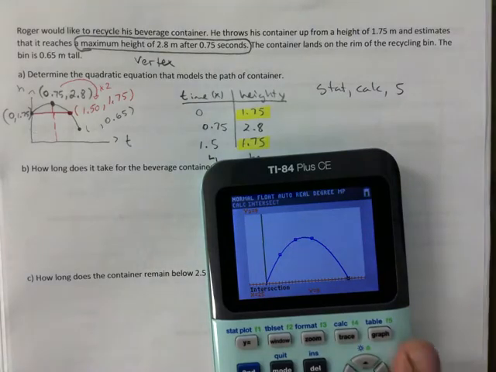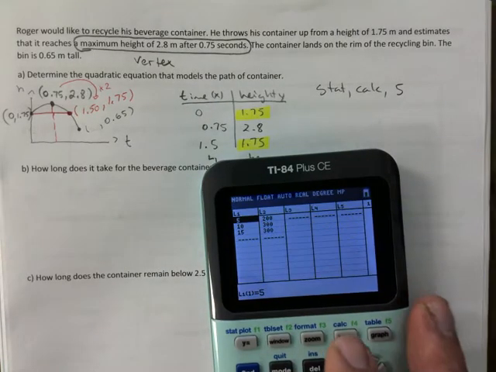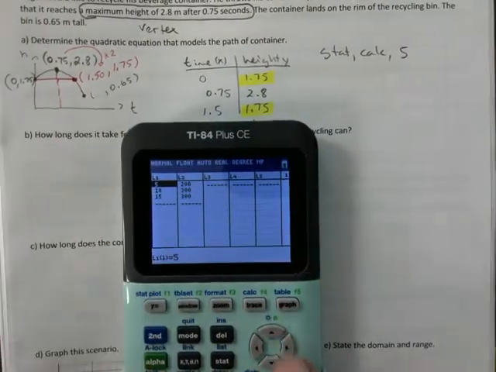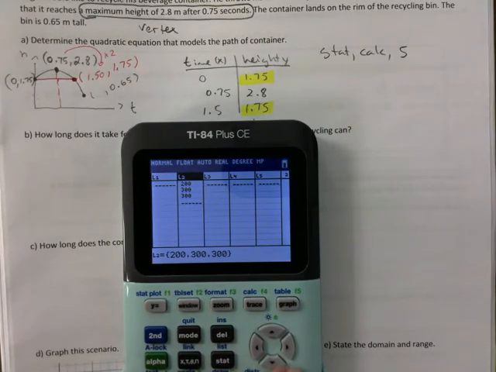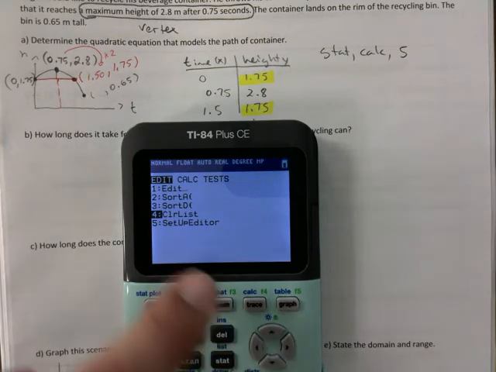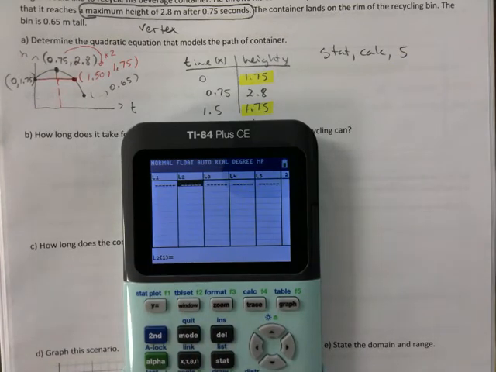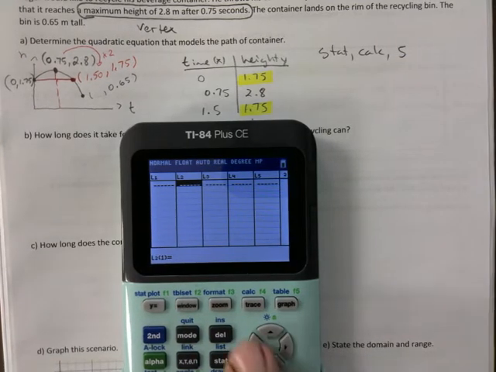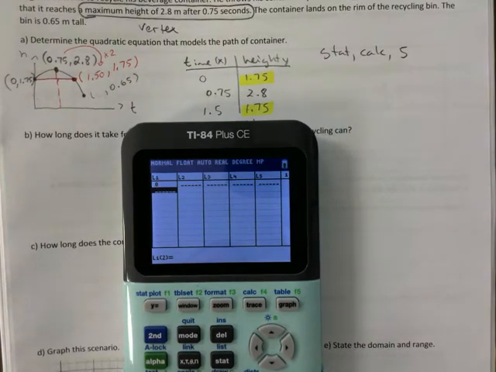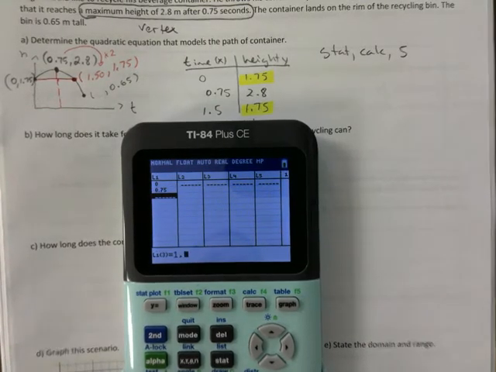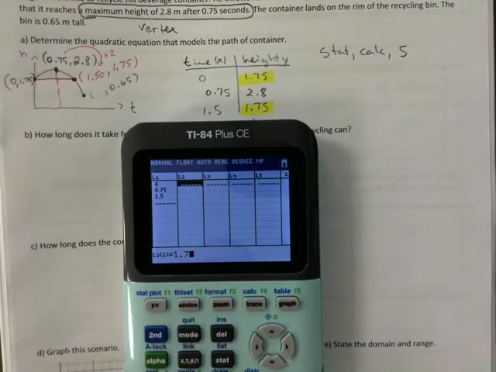For the story type, you don't have to worry about that. So just type this in, clear everything. Remember, don't press delete. And if you do press delete, setup editor is your friend. You just execute that and you'll be fine. So 0, 0.75, type this in: 1.75, 2.8, 1.75.